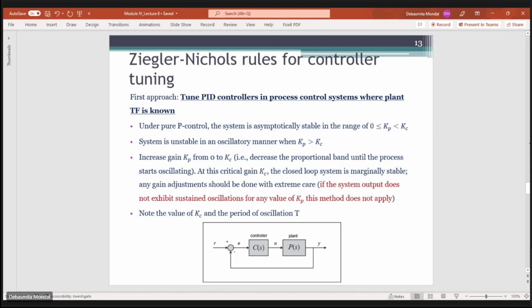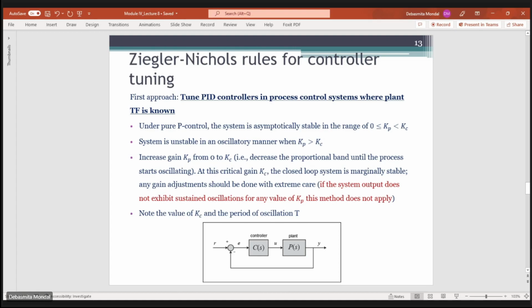If you have a purely proportional control, then the system will be asymptotically stable in a range of Kp greater than 0 and less than Kc, where Kc is the gain of the overall system at which the system becomes marginally stable.